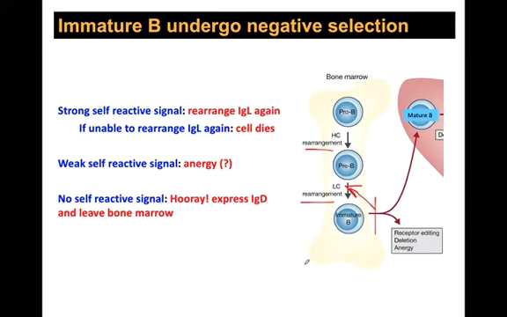And the reason is thought that now you're getting more surface expression of immunoglobulin or B cell receptor. And so you have IgM and IgD, and they both contribute to signaling. So now you're sure that's not a self-reactive cell, so you make it more sensitive once it leaves, and it can go out and respond to infection.